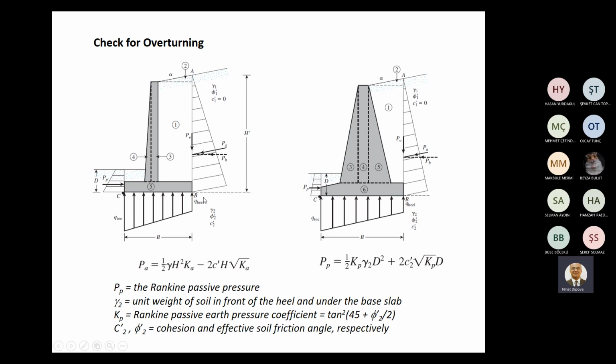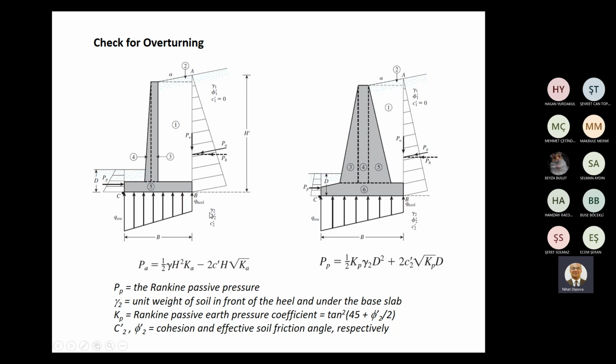And one more thing we have to remember: when we analyze sliding, cohesion and friction angle will be taken as values for this interface, concrete and soil. So it's given as c prime, phi prime here.